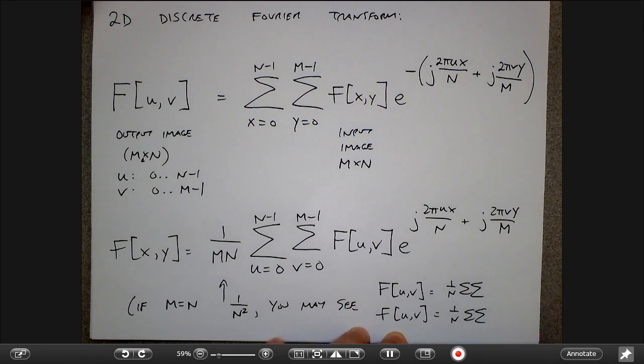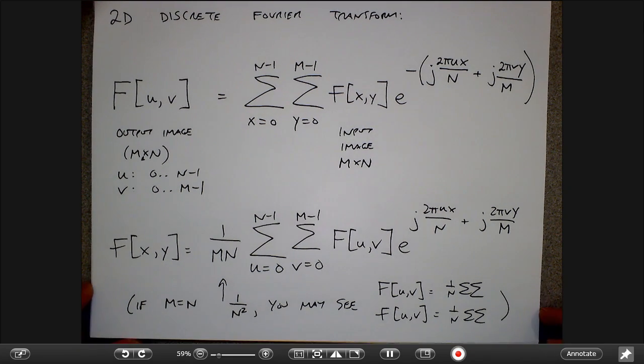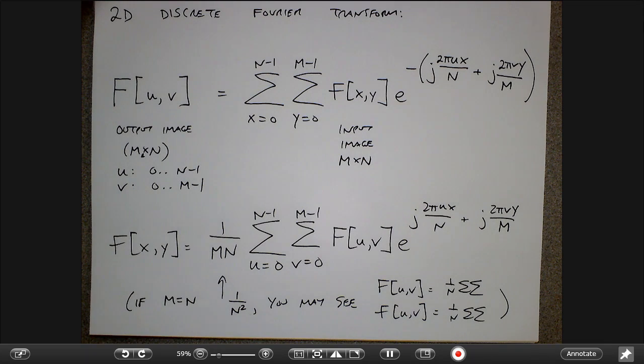The idea is that you make these look as similar to each other as possible by moving one factor 1 over n over. So just be a little bit careful when you read a paper or you have some code that implements the DFT. You want to make sure you understand where that factor of 1 over n lands.